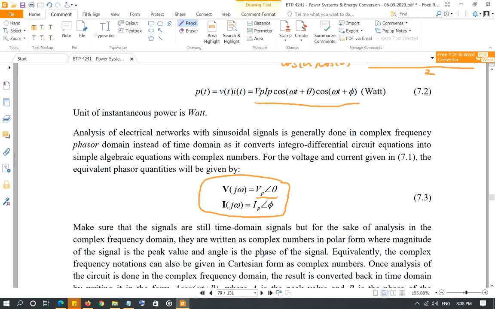So we suppress the cosine, we suppress omega t, and we represent that by Vp angle theta. And likewise, the phasor quantity of the current is represented by Ip angle phi, because the corresponding time domain signal was Ip cosine of omega t plus phi. Again, this is from circuit analysis.